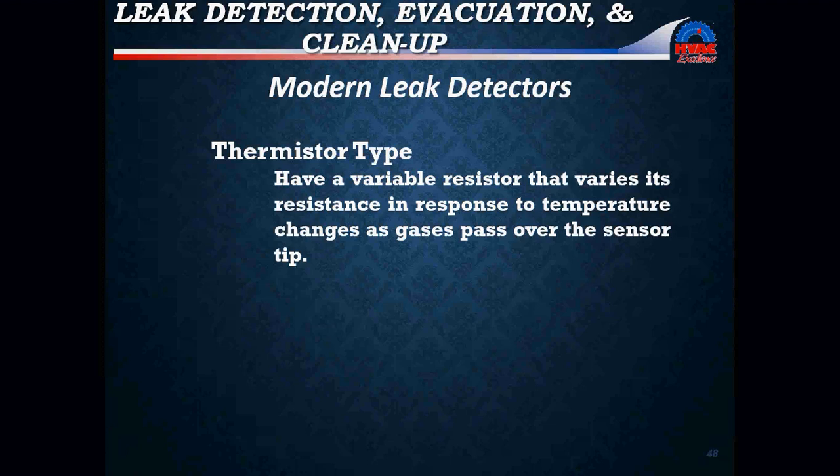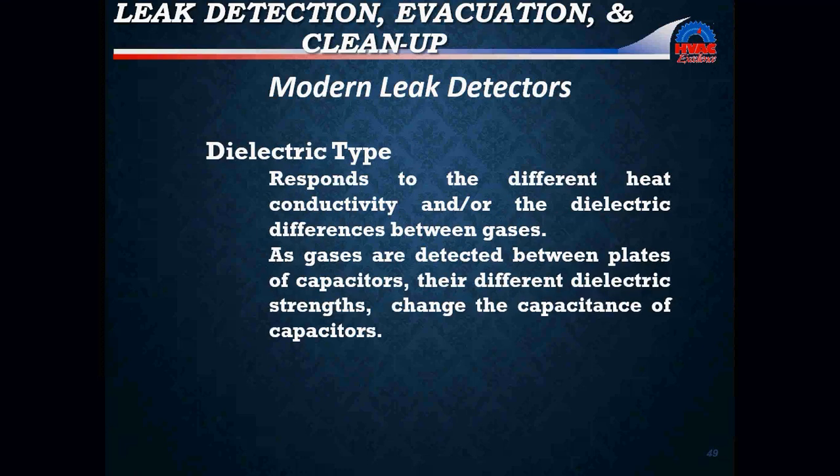Your thermistor type of leak detector has a variable resistor that varies its resistance in response to temperature change as gas passes over that sensor. Your dielectric type will respond to the different heat conductivity and or the dielectric differences between gases.